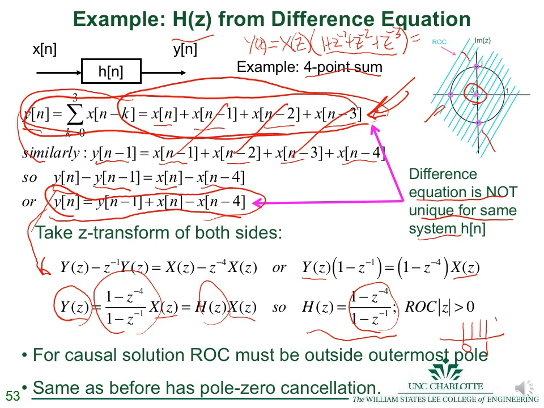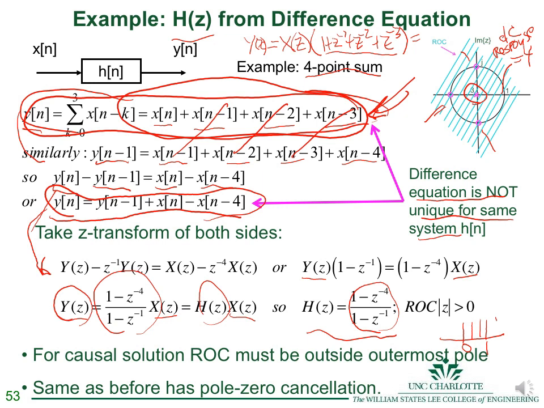Another way, if you recall, is the DC response is the sum of the impulse response of the system. And again, h of n for the impulse response equals y of n when x of n is a delta function.